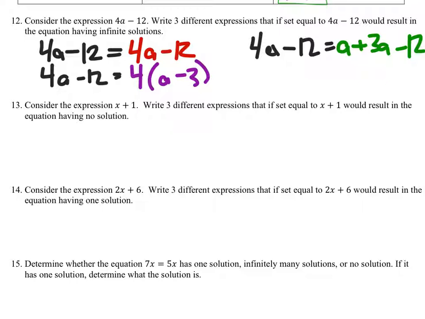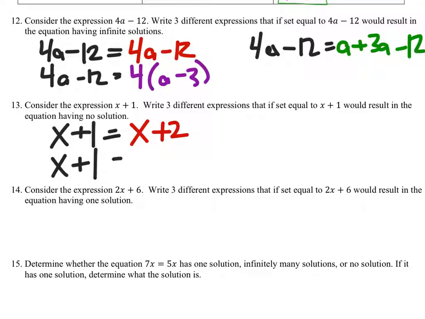What about this next one? x plus 1, we want 3 different expressions that, if they're equal, would have no solution. So if I had x plus 1, maybe I can set this equal to x plus 2. Or maybe x plus 82.